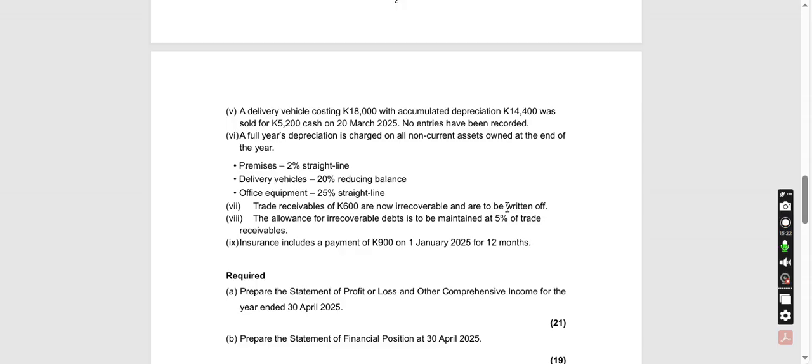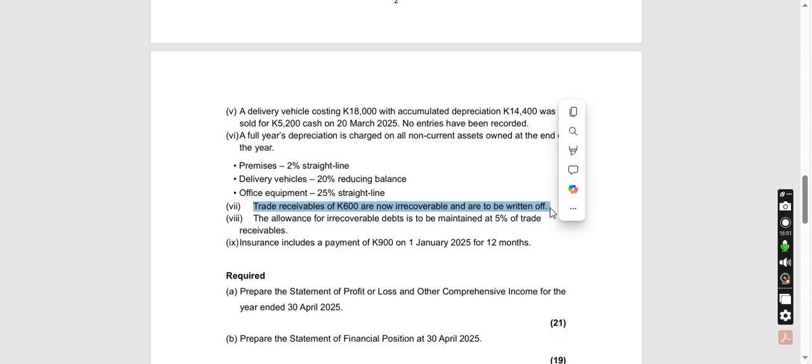Then the next, we've got trade receivables of 600 kwacha are now irrecoverable and are to be written off. So what it's telling us is that we are certain that we're not going to get this 600 kwacha, because probably the person who was owing us, maybe the business closed, maybe they got ill, they can't work anymore, maybe they passed on, worst case scenario.